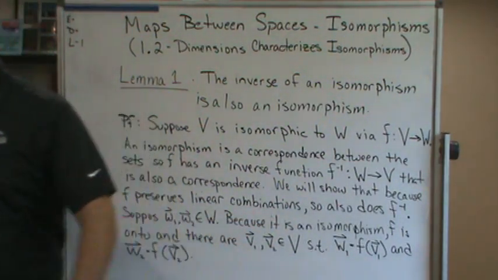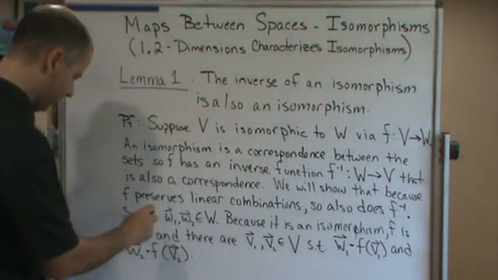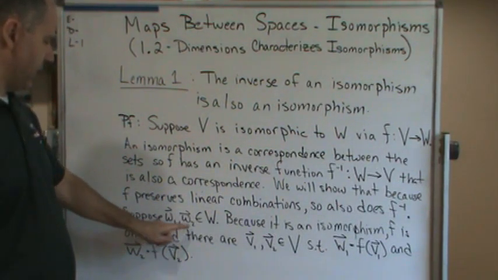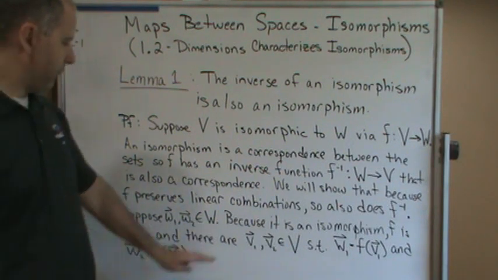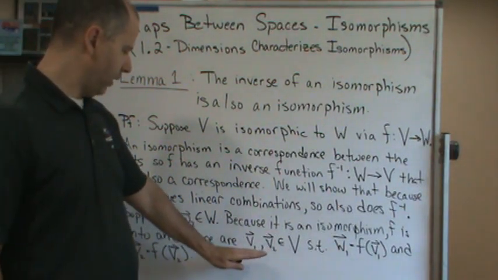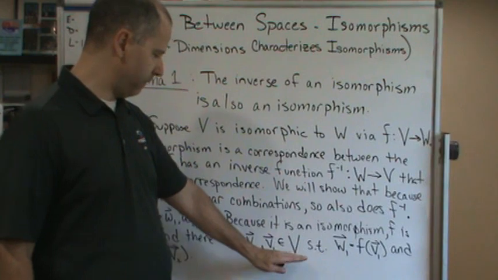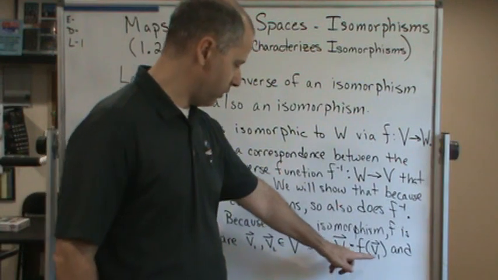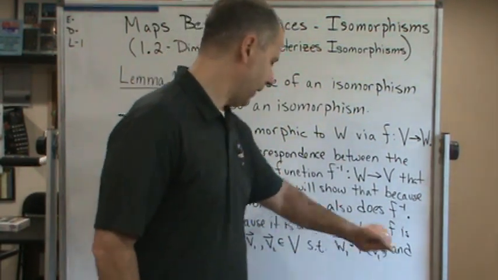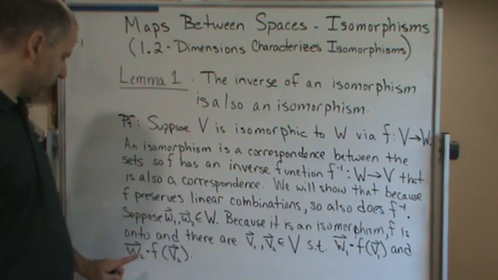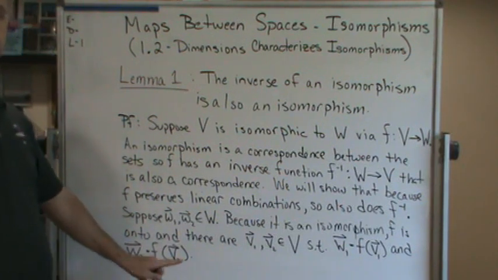So in order to do that, suppose we have two vectors in W. Because f is an isomorphism, it is onto, and there are vectors V1 and V2 in V such that the vector W1 is equal to the function f of V1, and W2 is equal to f of V2.